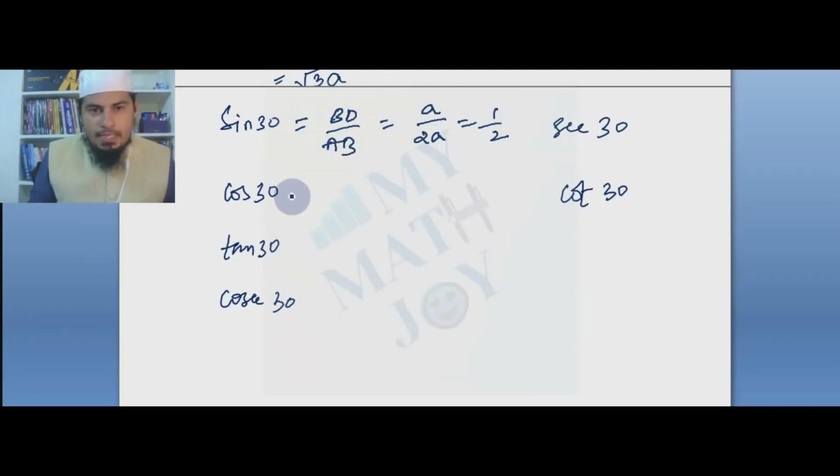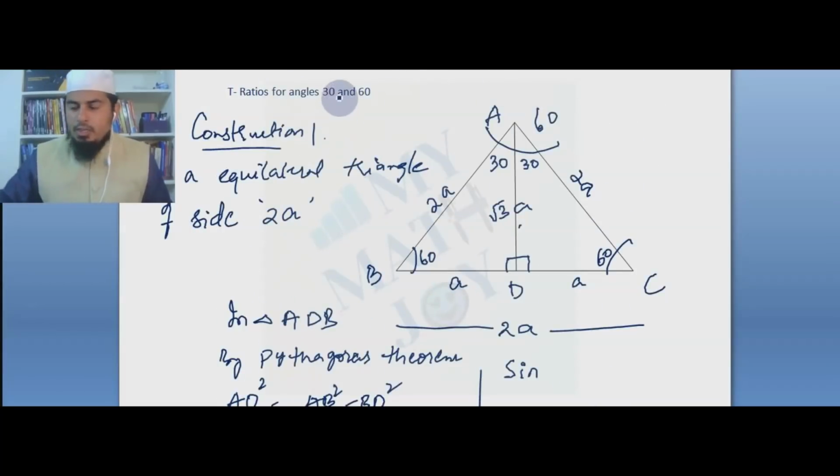Similarly, if I take cos 30, the cos ratio is adjacent by hypotenuse. Adjacent is my AD here, because 30 is here. We are talking about triangle ABD; we should not go to AC and CD.